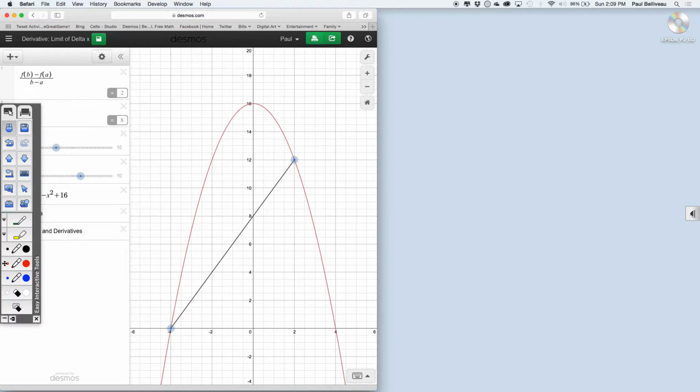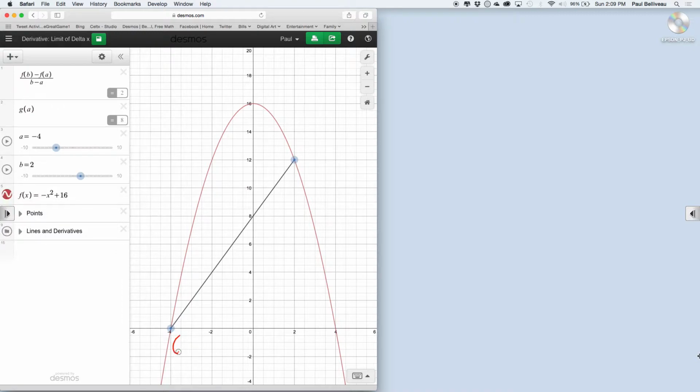So, yet another way to think of this is, here's my negative 4, 0, here's my 2, 12, and if I were looking at the slope between these 2 points, well, let's see. Here is my delta x.